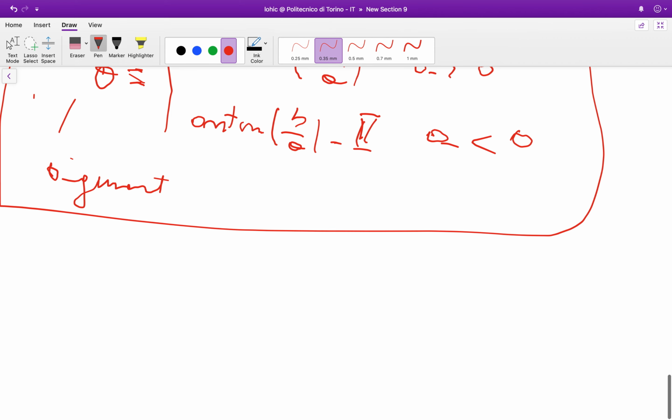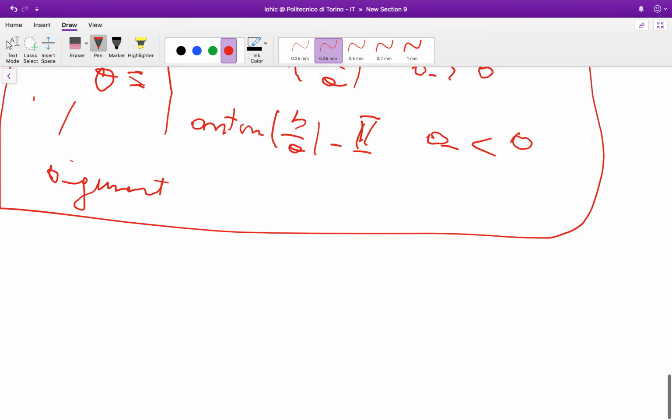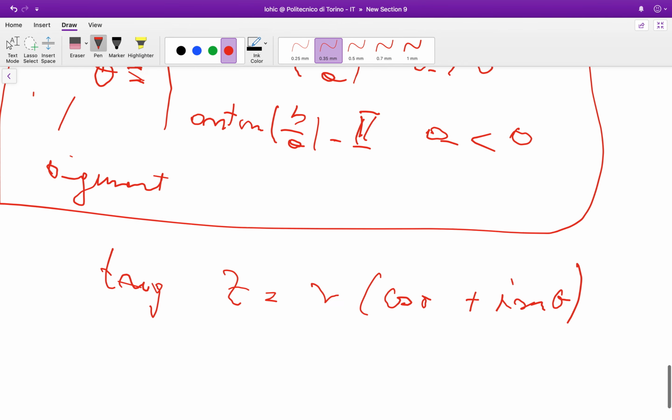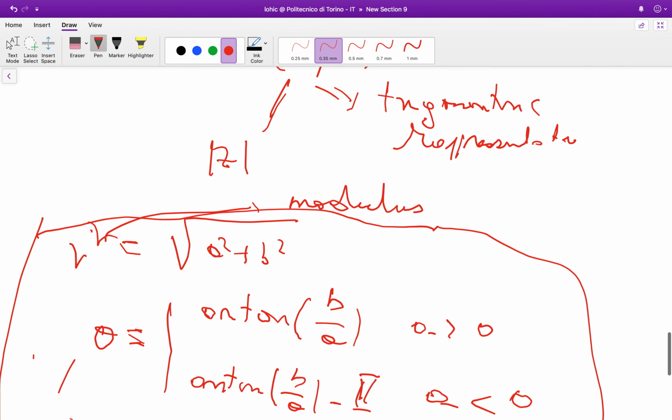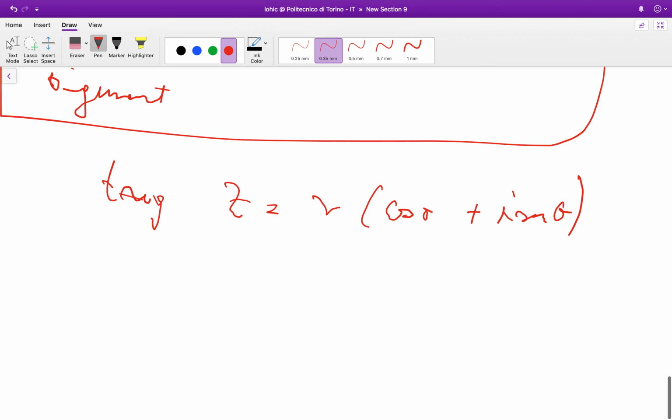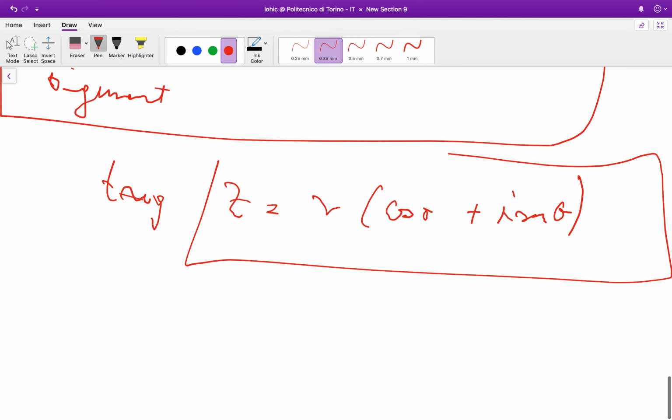Once you get r and theta, the trigonometric representation is given like this: z becomes r multiplied by the cosine of theta plus i sine of theta. Is that clear? Why is this so? Look at how we get this trigonometric representation.